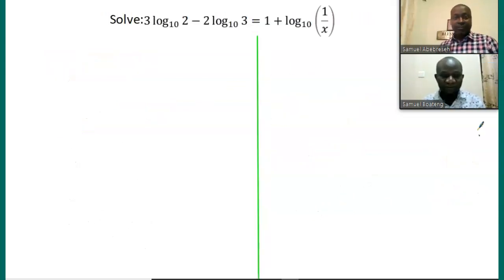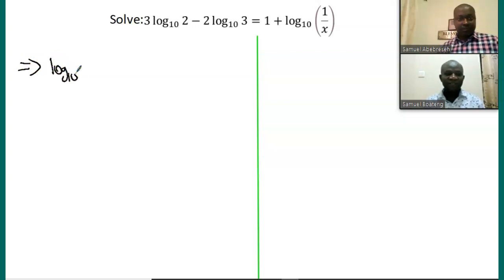We have on both sides of the equal sign expressions in terms of log. So this, we can express both sides as a single log. Next step, this implies that log to the base 10 of 10 raised to the power 3, minus log to the base 10 of 3 raised to the power 2.